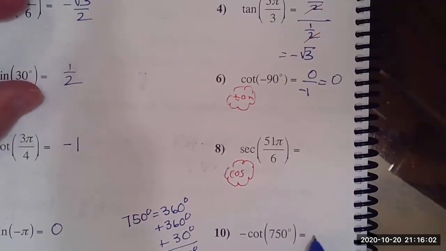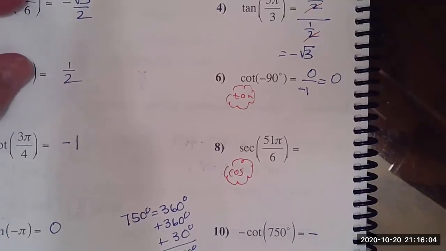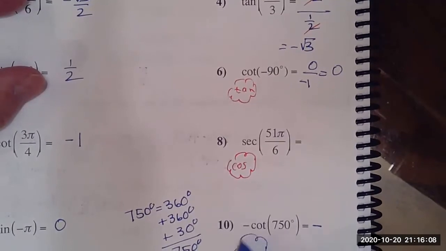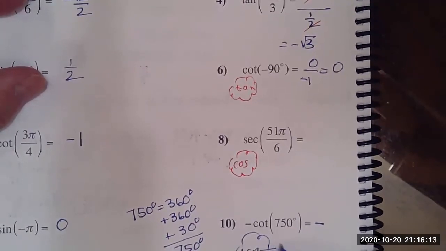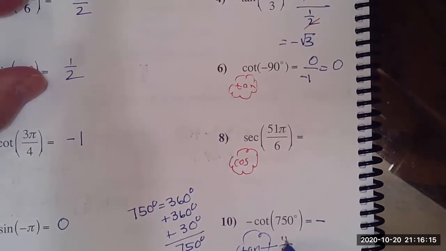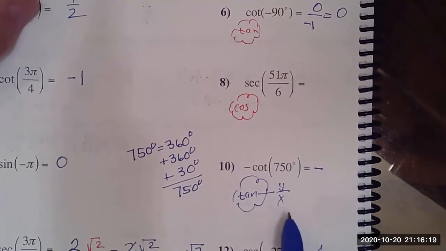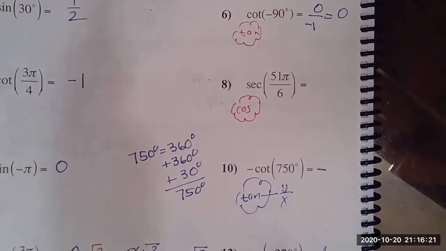Now there's a negative here, so I have to include whatever I get as a negative. And since it's cotangent, if you want to think tangent first, tangent is y over x. Then cotangent is the reciprocal, so x over y.